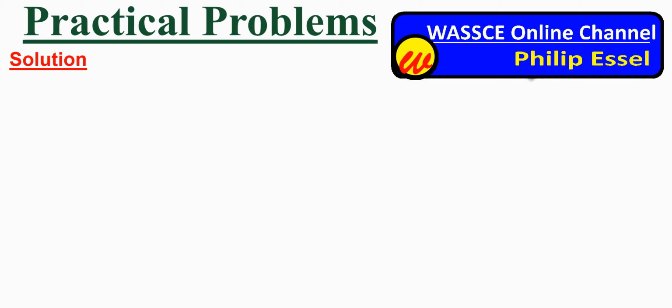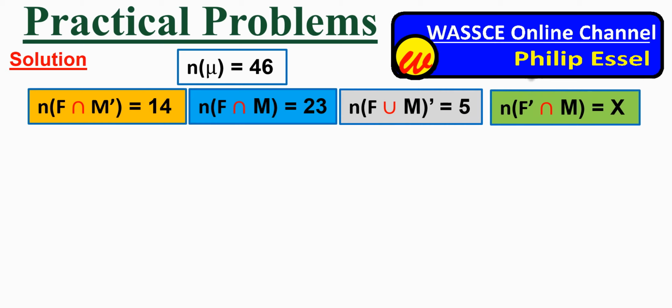The total number of students was 46. 14 students passed only French, so they passed only French without Maths. 23 of the students passed both French and Maths. 5 of the students failed both French and Maths.